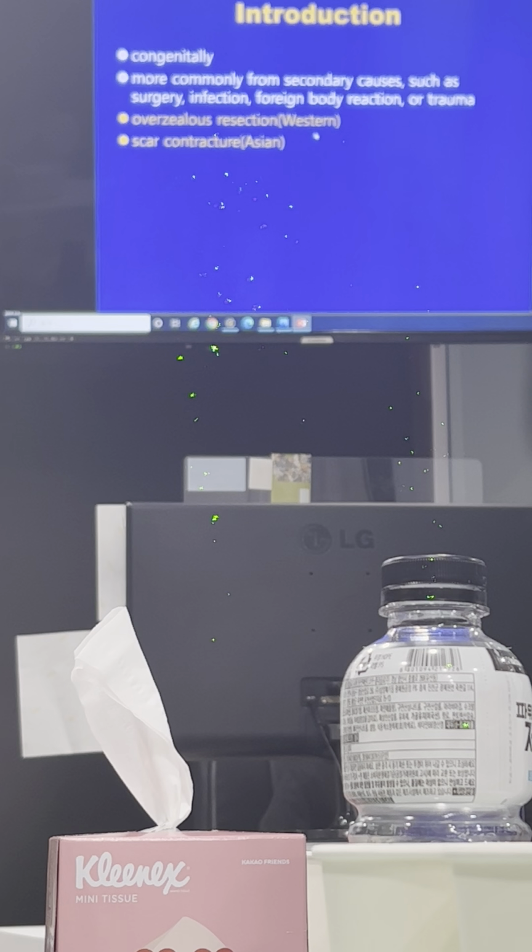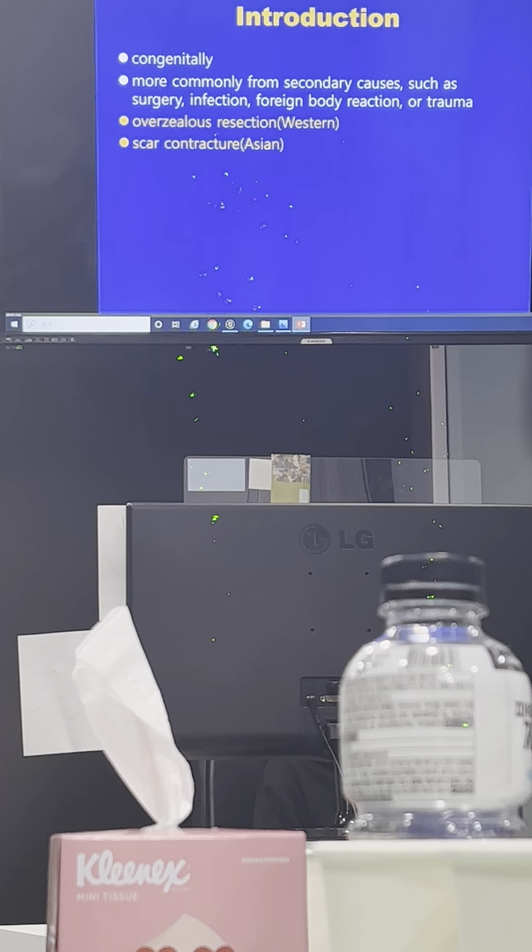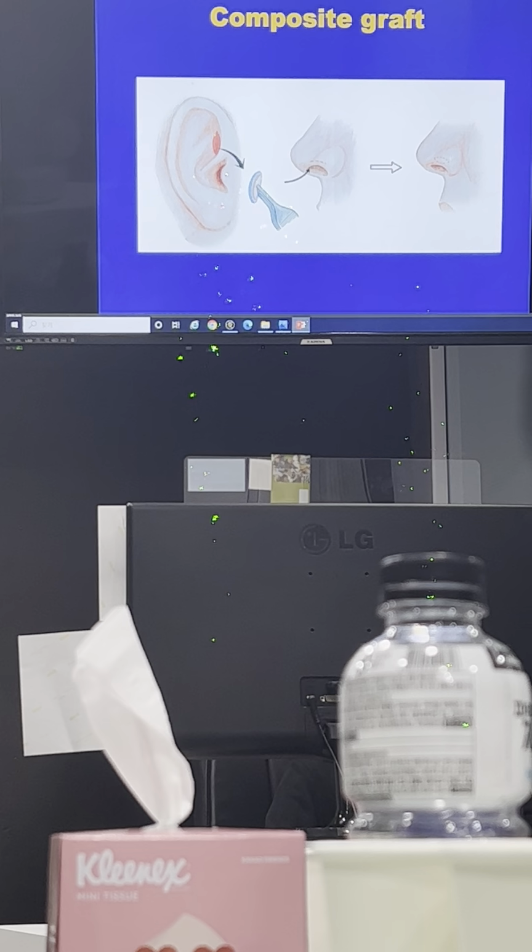In the West, over-resection is more common. Western patients have had a lot of the cephalic portion of the lower lateral cartilage removed for sharpening of the nasal tip. This is the problem of this alar retraction. In Asians, scar contracture is more common, especially in cases of silicone implants.